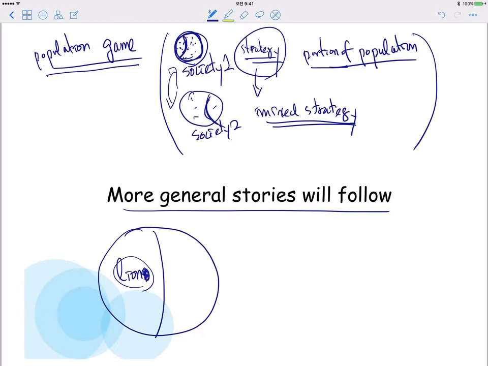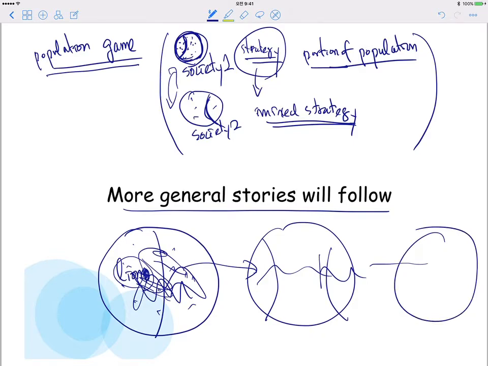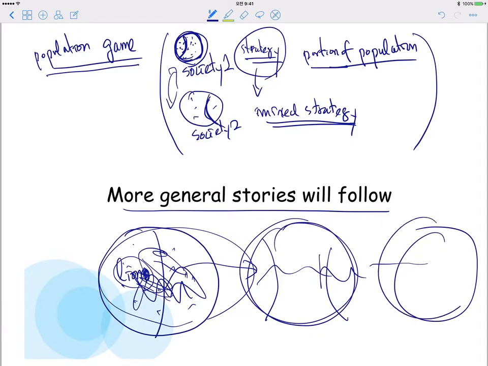Again, like the hawk and dove game, they can be aggressive, they can be dove, and there are different kinds of animals living in the same world, and they compete with each other, and then they mutate, and then their population increases, decreases, and they want to look at what happens in this animal society.